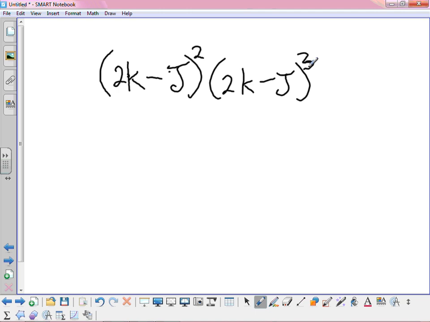Now in general, what are you going to do with this? Well, one thing that you might do is multiply it all out, which would be a mess. Usually you don't want to do that unless you have to. What I've written here are all factors, right? And so the factored form is usually better than the multiplied out form, or what you would call the expanded form.